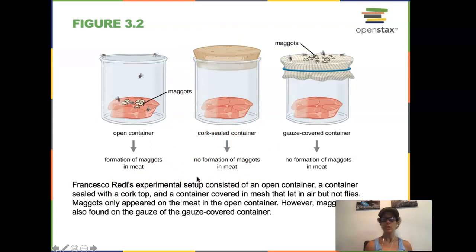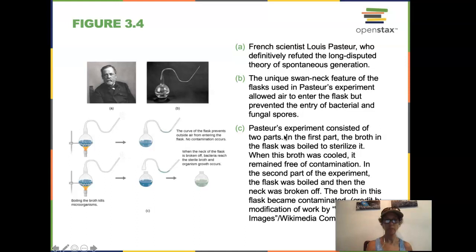The criticism of his experiment was that air is vital to life, and if you shut off the air, well then obviously the meat could not generate the life. So he said, fine. He covered it so that air could get through. If maggots showed up, they were on the outside, and they were not on the meat.